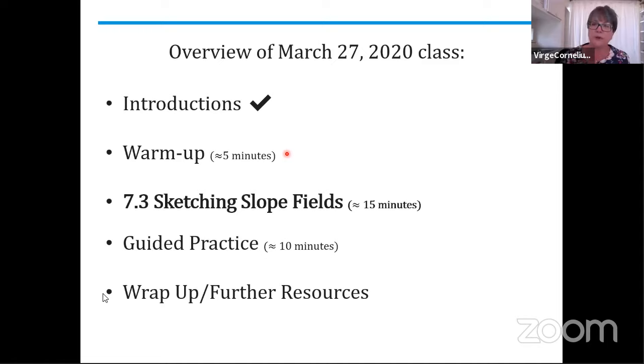So if you have those in front of you, if you printed it, that's great. You're going to take a look at that momentarily. And then our lesson is sketching slope fields. We'll wrap in with that some guided practice as we go, and then do a final wrap up and further resources and what you might find in that Dropbox this afternoon.